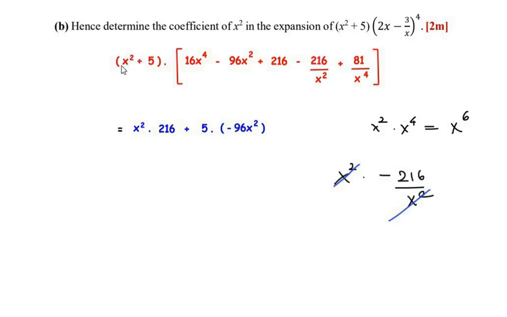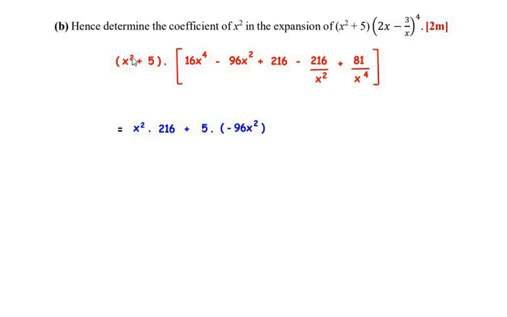And same thing happens over here when x square multiplies with 81 over x to the power of 4. So here x square gets multiplied with 81 over x to the power of 4. Now the x square from the numerator gets cancelled with x square from the denominator, giving us 81 over x square, which is again not a coefficient of x square. This is a coefficient of 1 over x square.